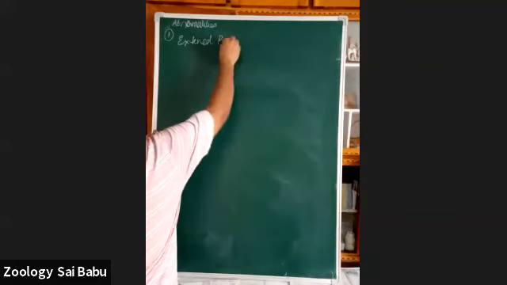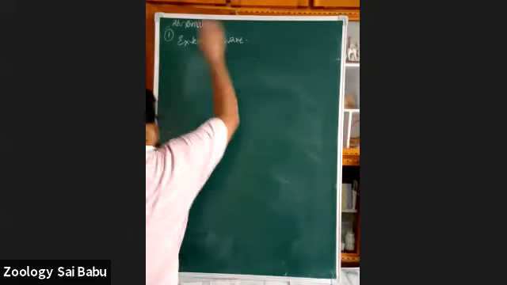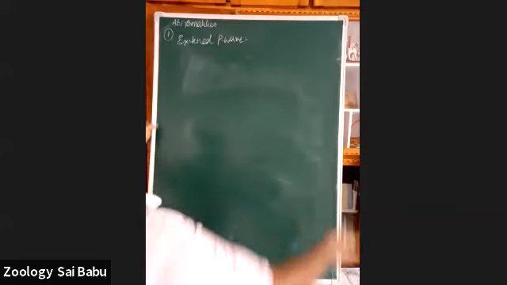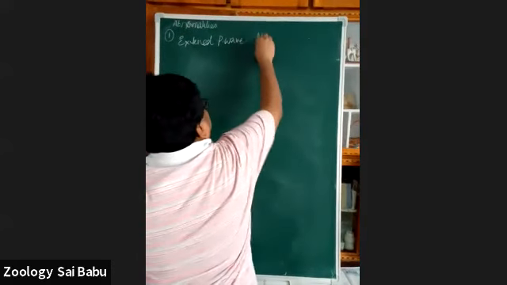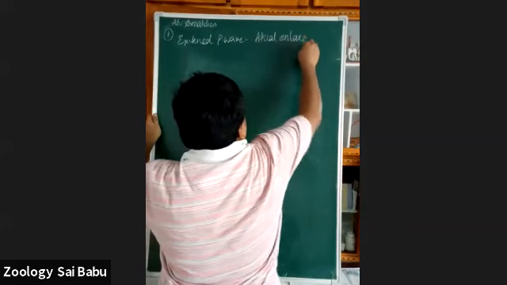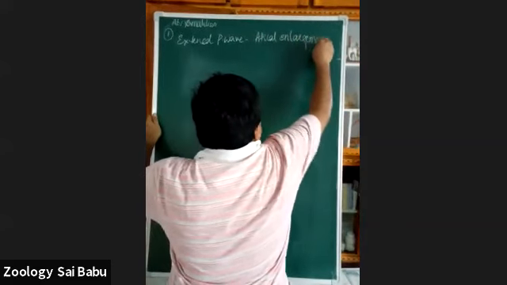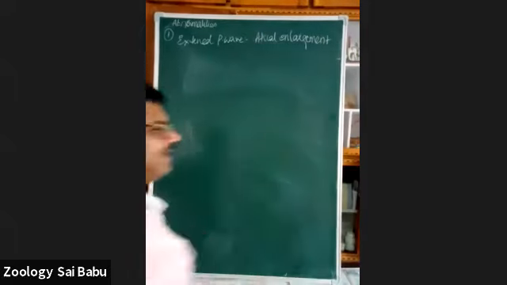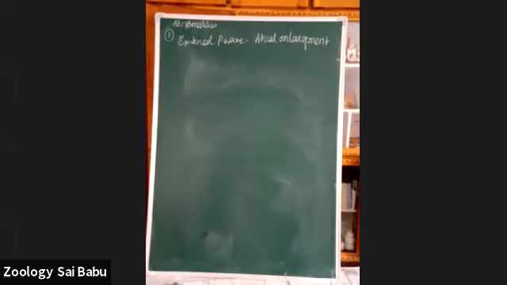The first one is the extended P wave. An extended P wave indicates atrial enlargement. Atrial enlargement is exhibited by this enlarged P wave.